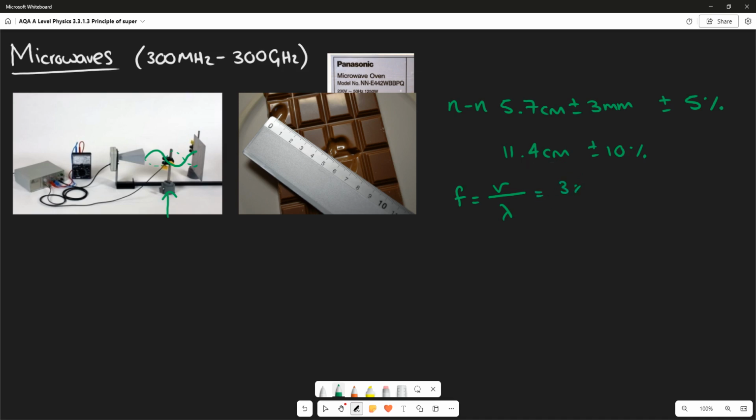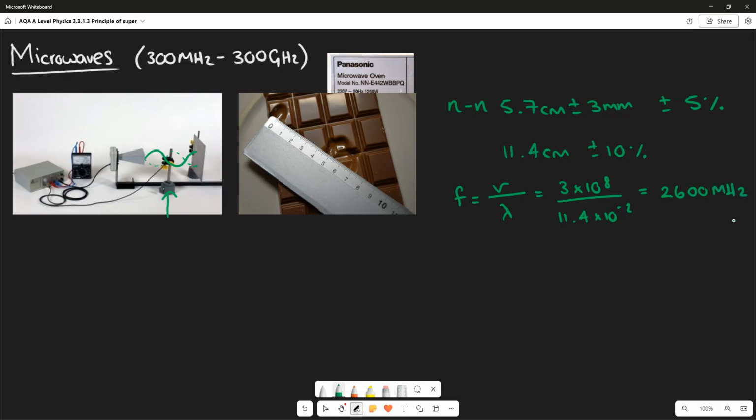So if we do this calculation, 3 times 10 to the 8 meters per second divided by 11.4 times 10 to the minus 2 meters, we get a value, and given that I've only measured it to 2 significant figures, I'm going to write my answer down to 2 significant figures. We get an answer of 2,600 megahertz.